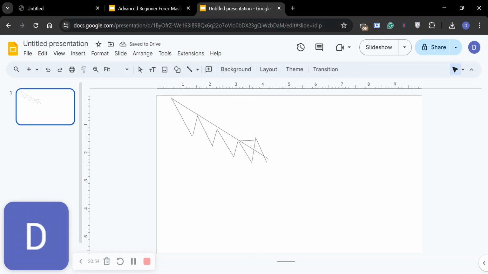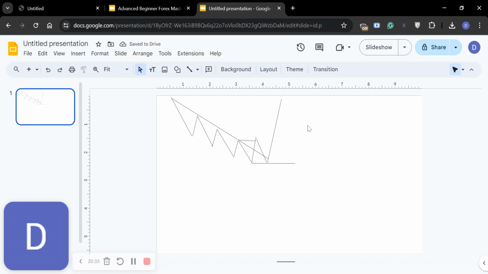So the moment you see a strong support like this, you want to wait for the next candle confirmation and take a buy. Most times the market will just do something like this, boom. That's it. Very simple.